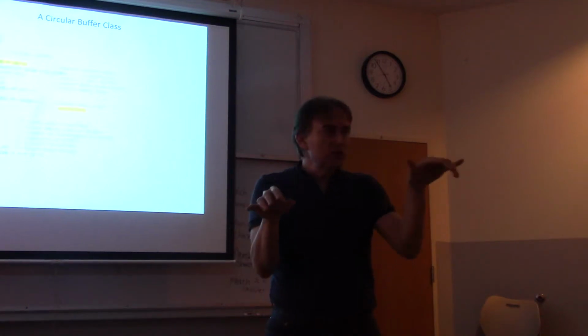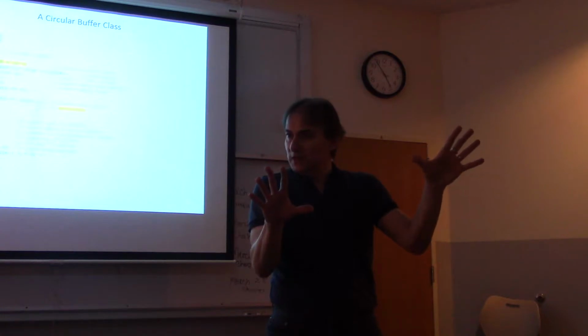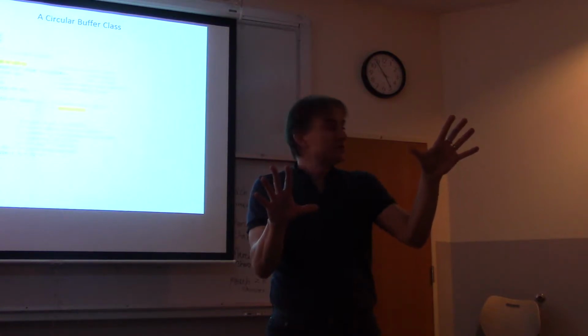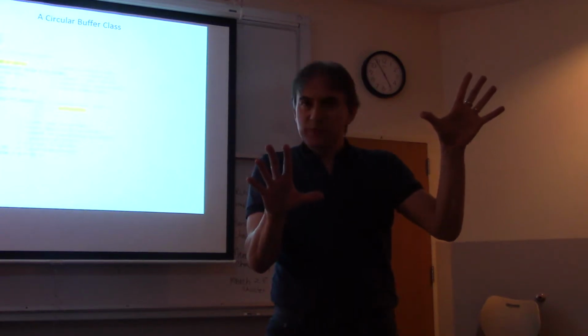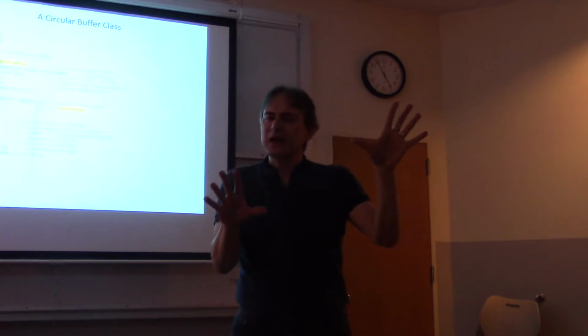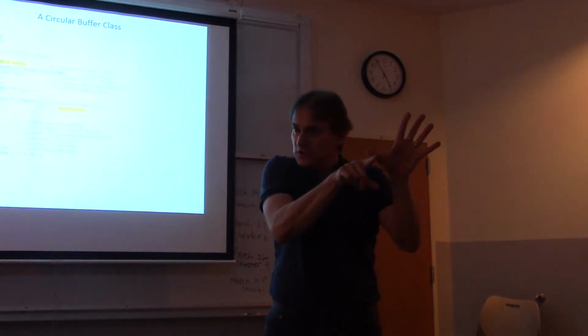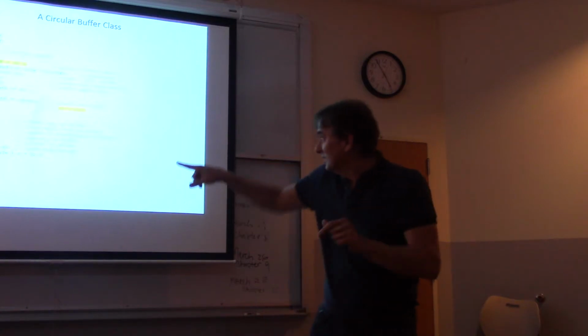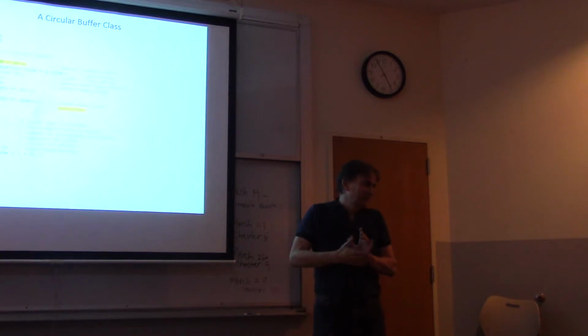I'm dynamically creating the circular buffer from the heap, not automatically, which means it's not going to automatically disappear. So what I have to do is delete the pointer to the circular buffer, and that's going to trigger the destructor in this case. Does that make sense?